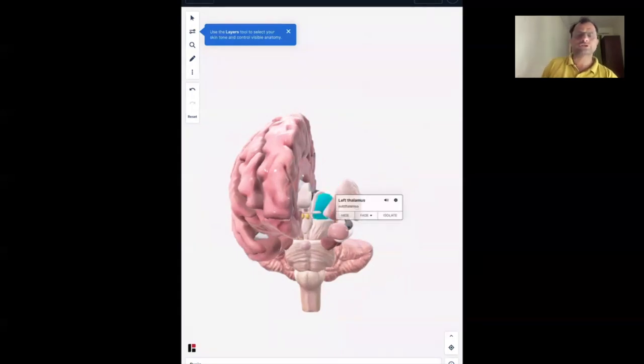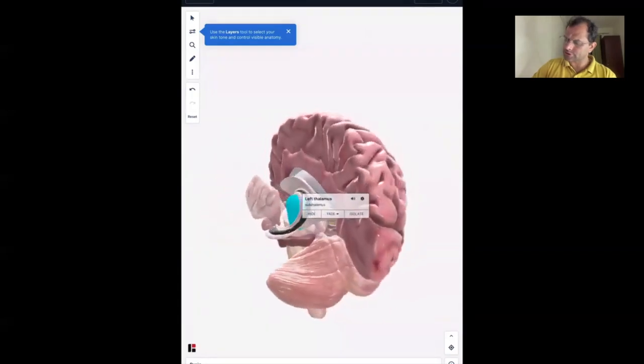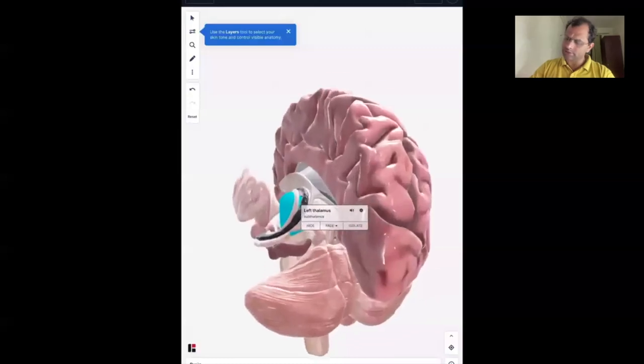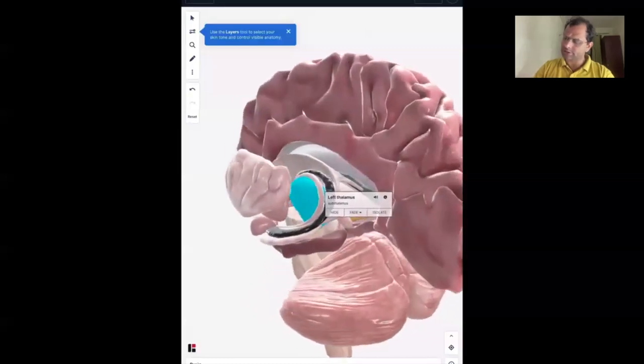Now we reached after the cerebrum. Now we can see this is the structure which is called thalamus. This is also a part of the brain, the forebrain. Thalamus is receiving the pain signal.